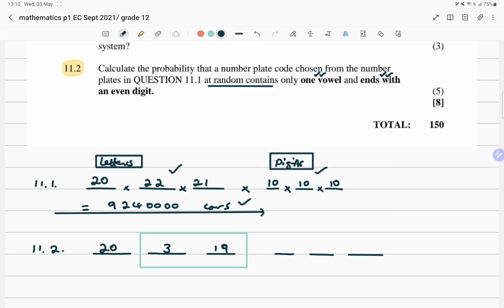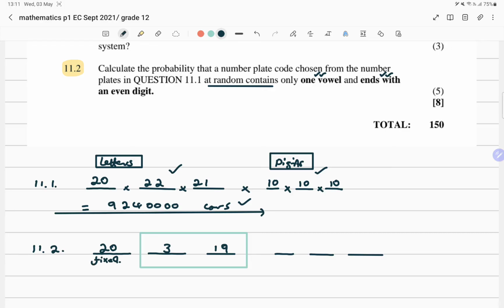There'll only be 19 left for the last position, because the vowel is just any one of the 3, but just 1. But remember, this can happen in 2 factorial ways, because we can interchange: put 19 there and put the 3 there. So it goes in 2 factorial ways. The start is fixed.